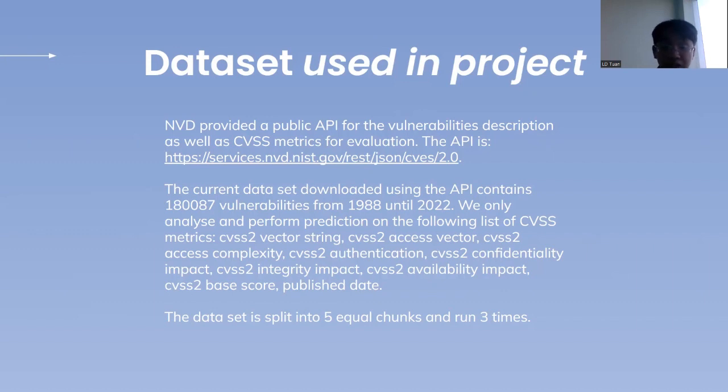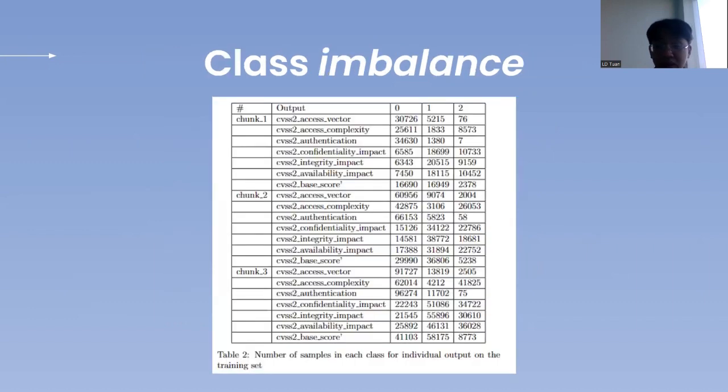Due to the large dataset, we split the data into 5 equal chunks and run 3 times with validations and tests to help run the dataset on the current software.